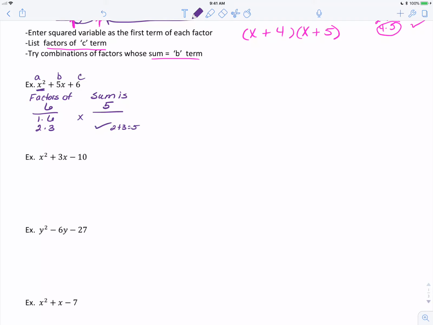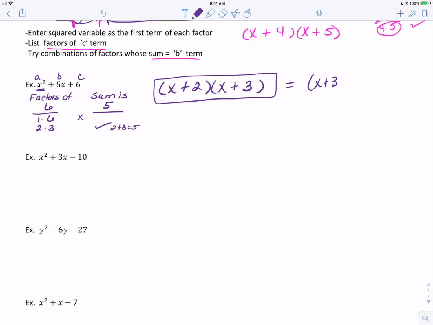So because we've got an x squared, my binomials both are going to start with the x, not x squared, just the x, because we're going to multiply them together, and then everything's positive, so x plus 2, x plus 3. And that's the same thing as x plus 3 times x plus 2. That order does not matter.